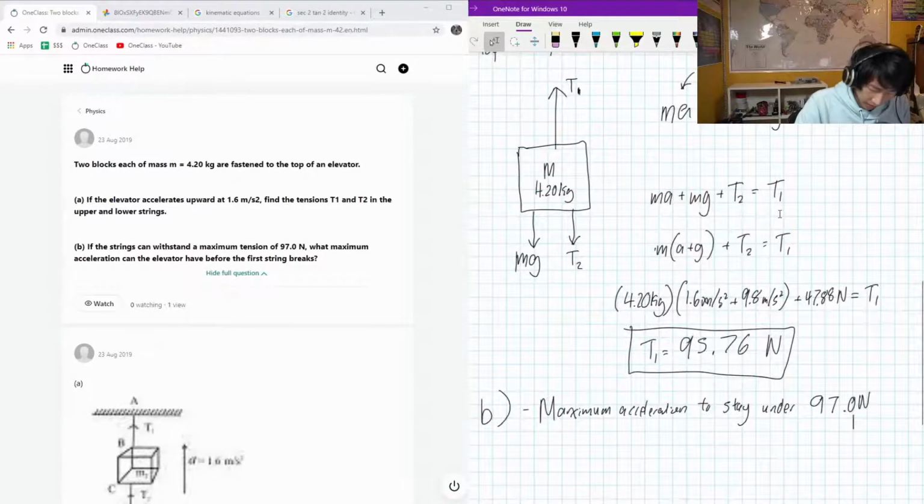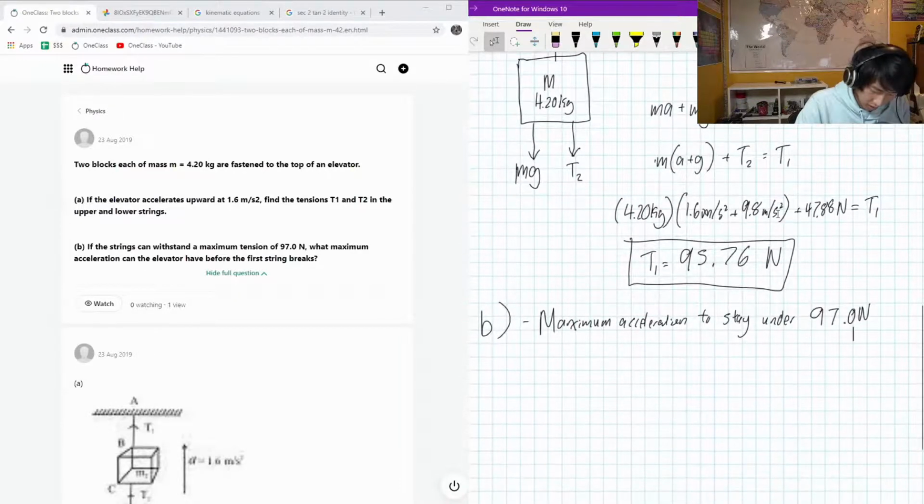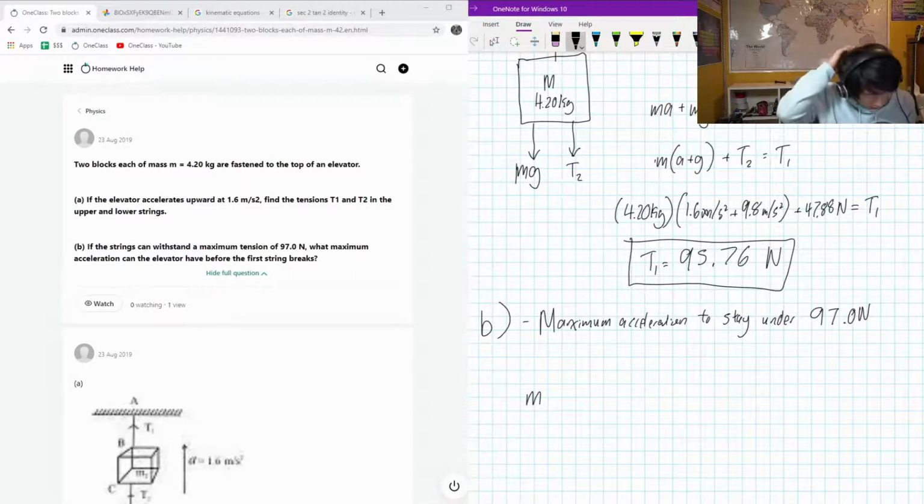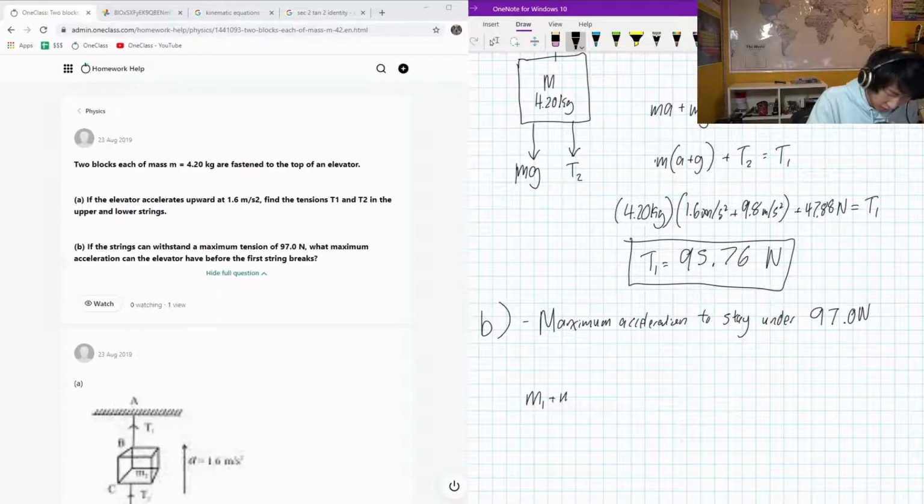So we know that our total mass, so m1 plus m2, our total mass that is going to be supported times the upwards acceleration. So let's just leave that as a for now.